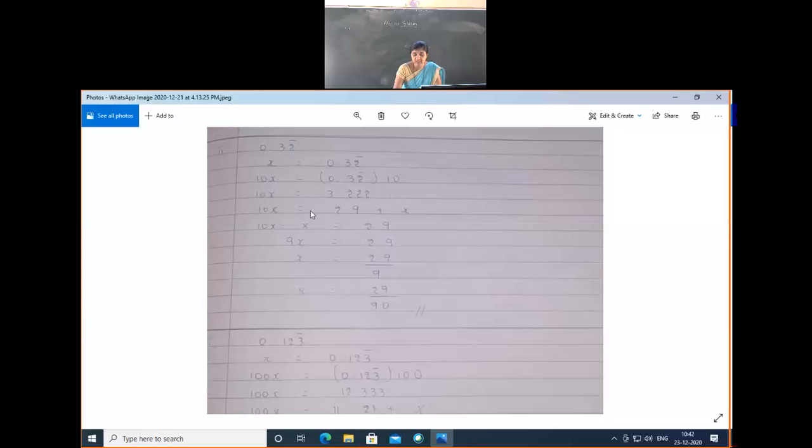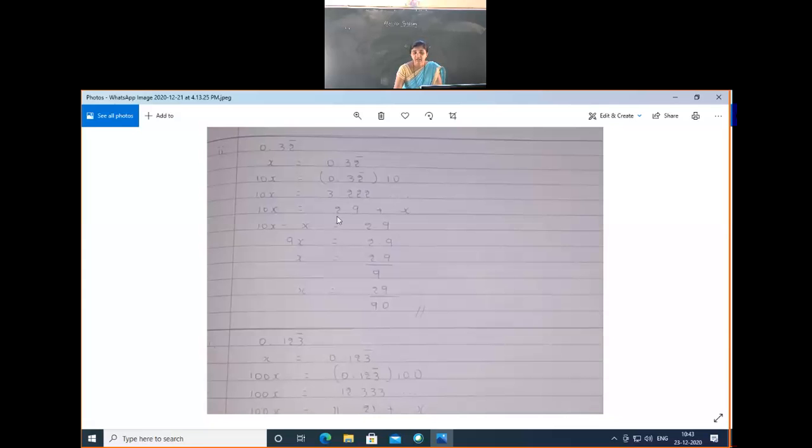Now we split this 3.222 as one number plus x. x is 0.32 bar, so we subtract this x from 3.222 bar and we get 2.9. So 2.9 plus 0.32 bar gives 3.222.